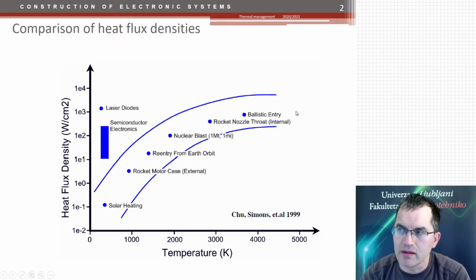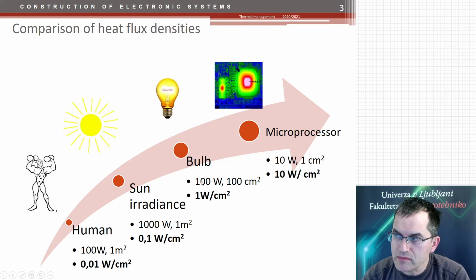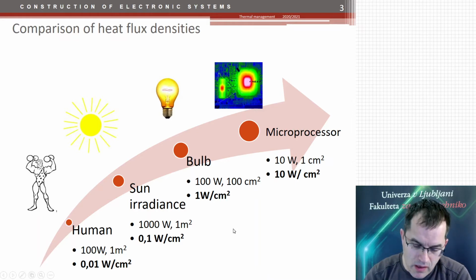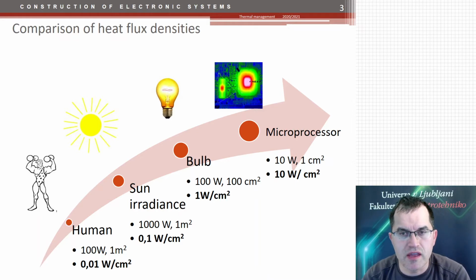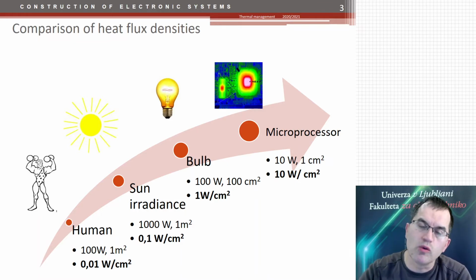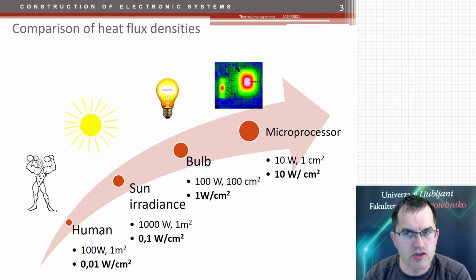And the next slide shows the microprocessor power density, even a few tens of watts per square centimeter, which is more than a traditional light bulb or the sun. So therefore the power dissipation and the heat dissipation and cooling of the electronics should not be neglected.